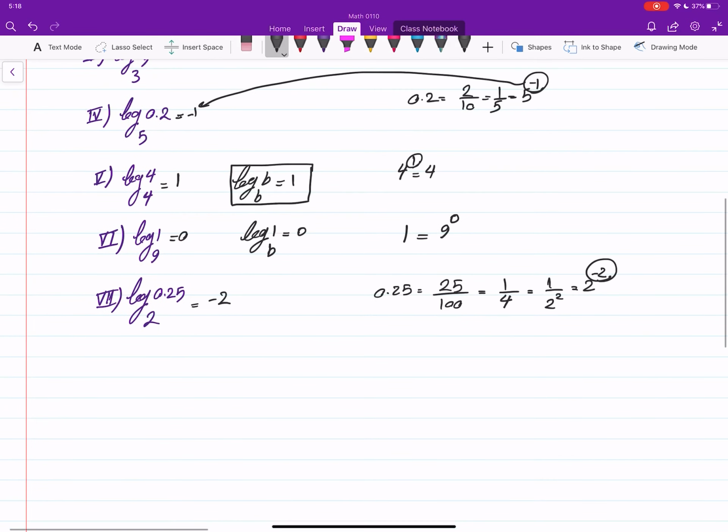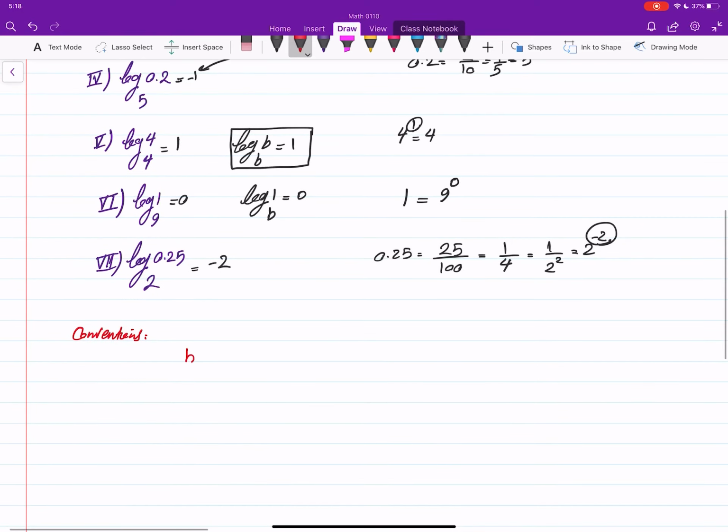When it comes to log functions, there are two conventions which are important. If the base is equal to 10, we usually don't write the base.